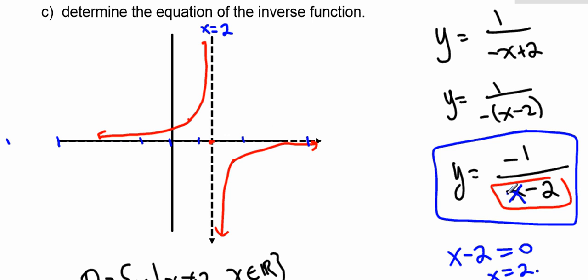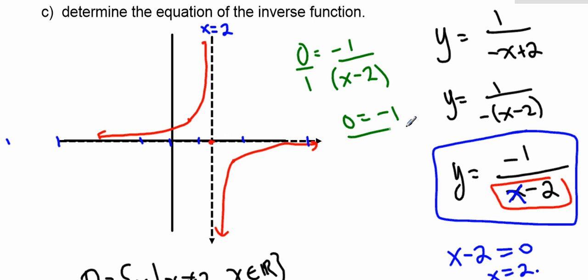There is no value of x that you can substitute in and get a value of y equals 0. So for example, it's impossible for me to solve for x in this equation. Think about it. If I try cross multiplying, so 0 times this is 0, negative 1. If I try cross multiplying, I get this impossible, ridiculous situation.